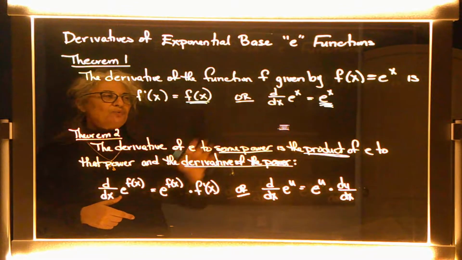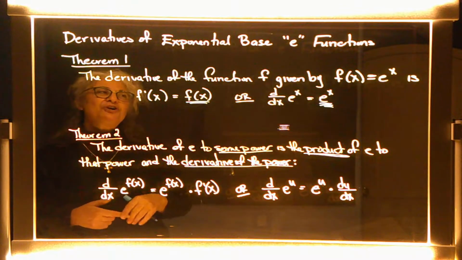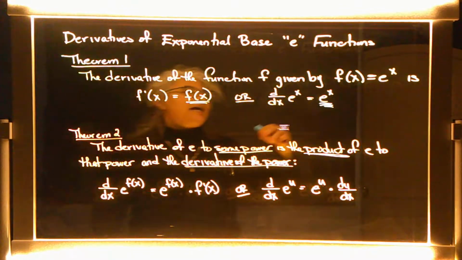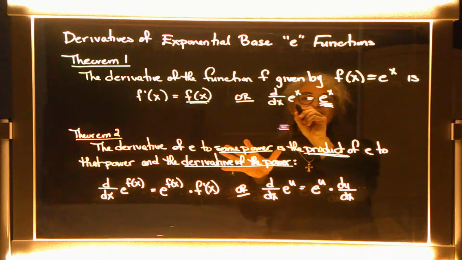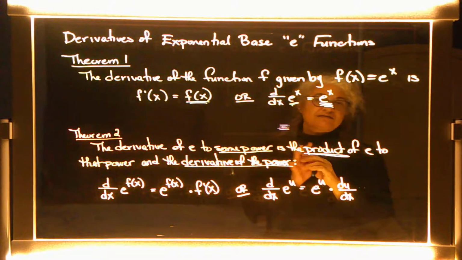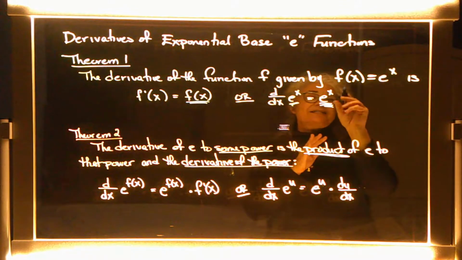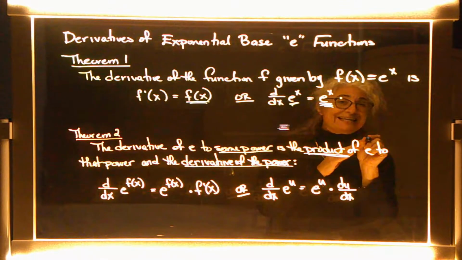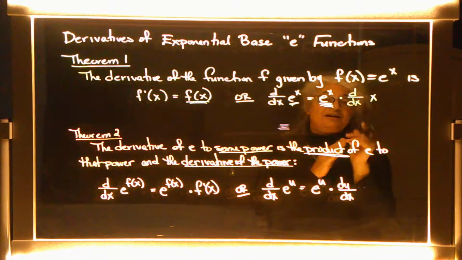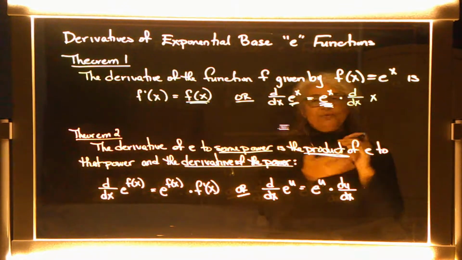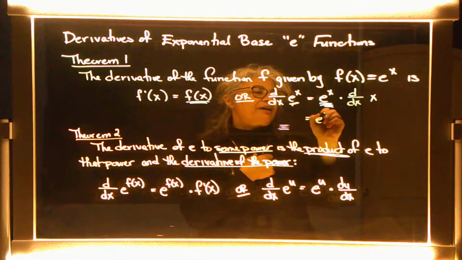And you're like, well, why isn't that up here? You know, in actuality up here, if I take this second theorem and apply it to the derivative of e to the x, I would get e to the x, and then I would actually be taking the derivative with respect to x of just x. Well, help me out. What's the derivative of x?